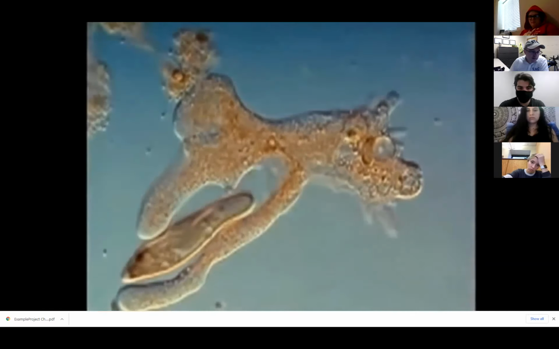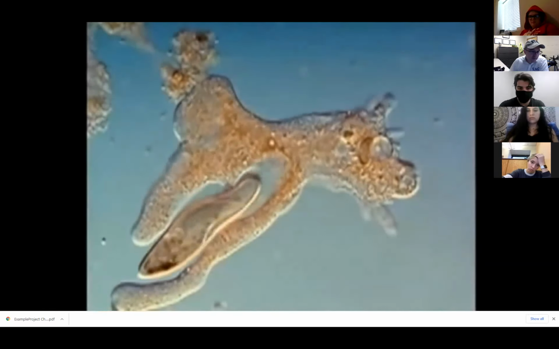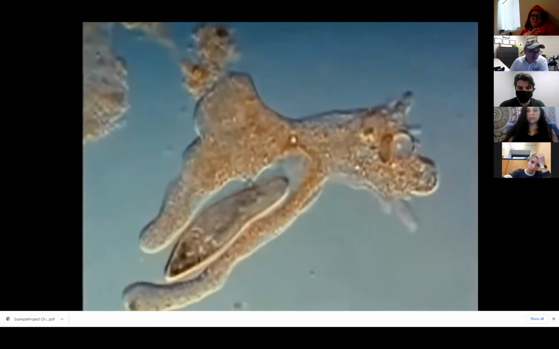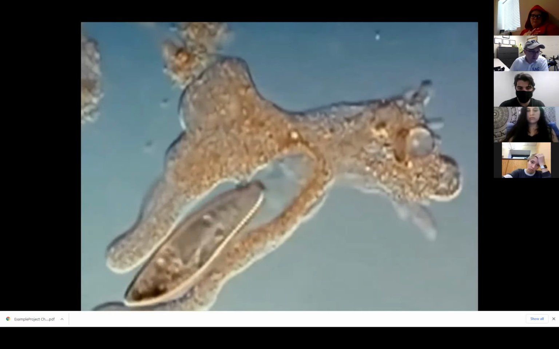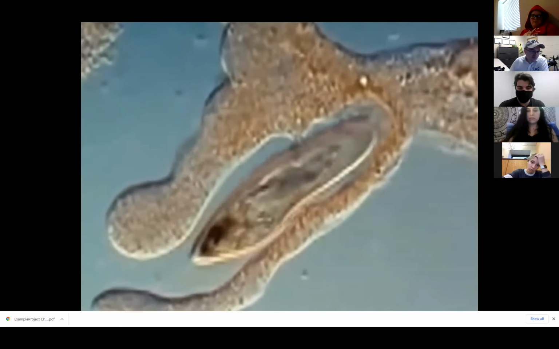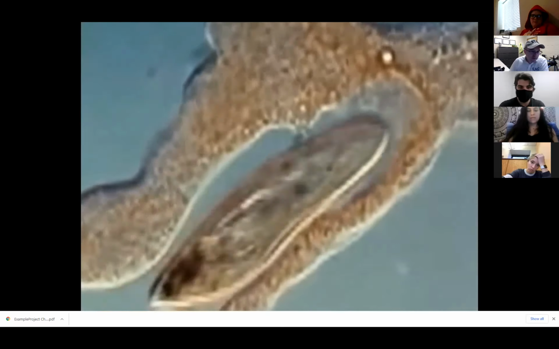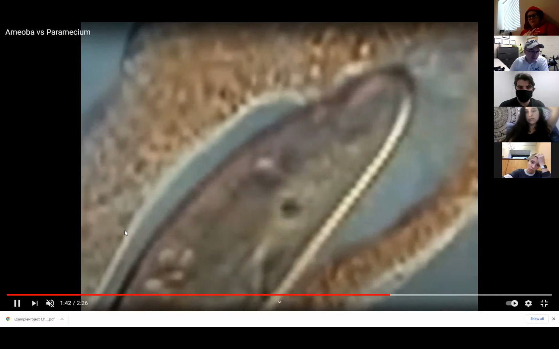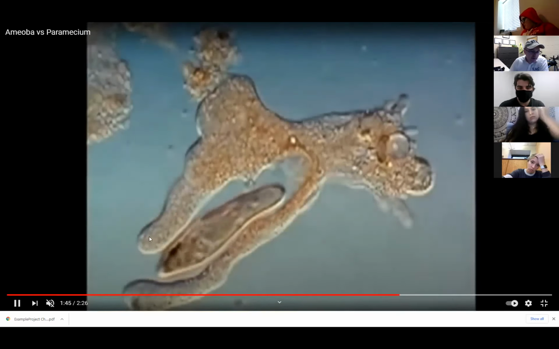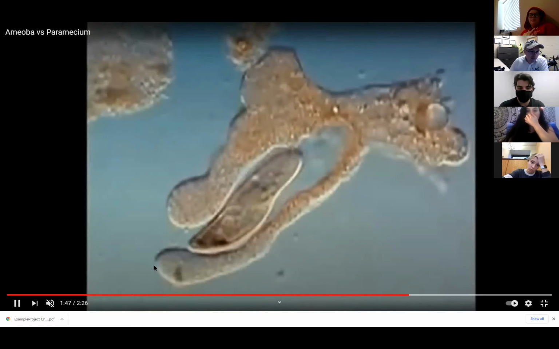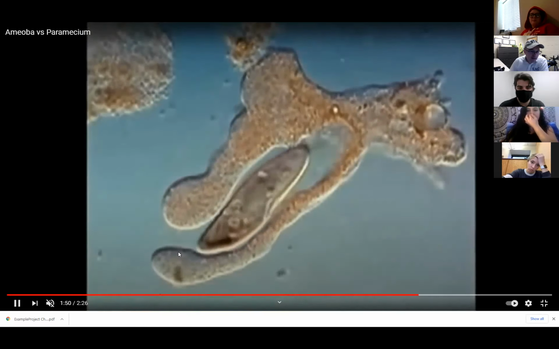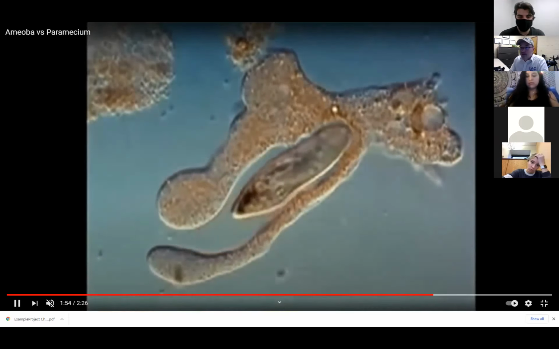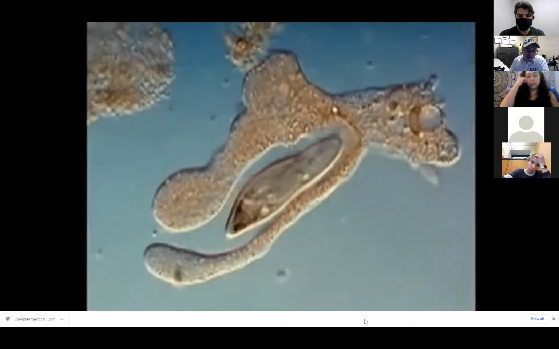Oh, it's caught. It is not going to get away now. Too late, bud. You're food. These two one-cell organisms, pretty interesting that they can act in this way. Now the amoeba is going to close off the gap, fully envelop the paramecium and slowly digest it. And that's endocytosis.